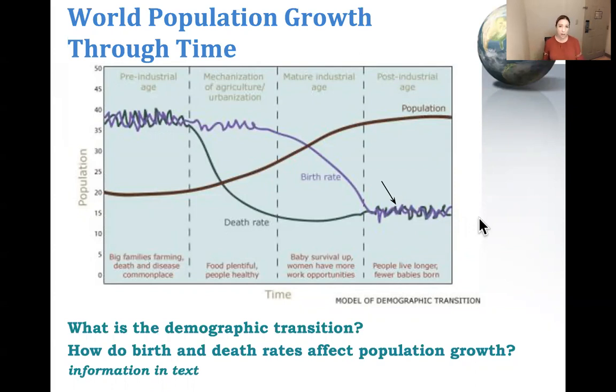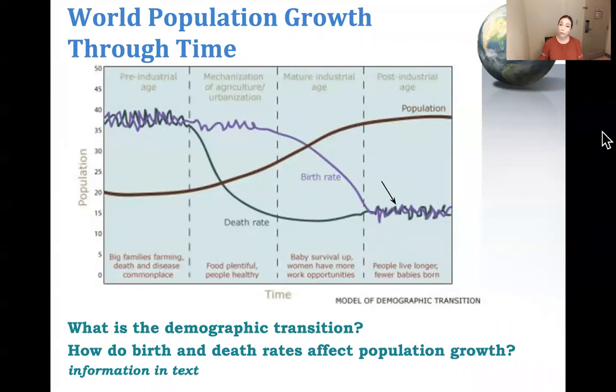We're not having as many babies, and people are not dying at the same rate that they were before. We have vaccines, we have antibiotics, we have better public health care systems. So that is increasing life expectancy and decreasing the death rate. But birth rate is low too.